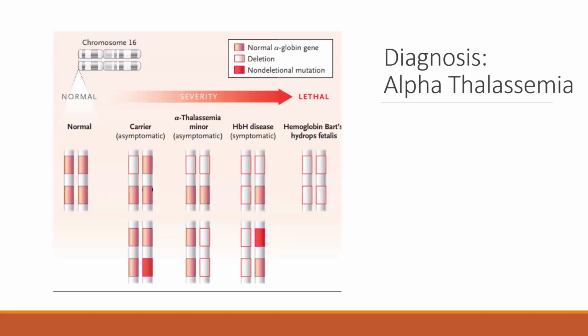And so this is just kind of going over the genetics of alpha thalassemia. So, this is on chromosome 16, you get 2 genes from mom and 2 from dad. And then normal is you have them all. The carrier state, again, is when you have 1 missing. So these are asymptomatic patients. They don't have any problems.